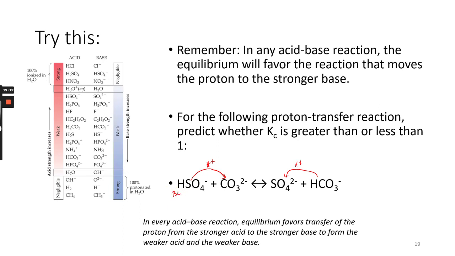This is my Bronsted-Lowry acid, and this is my Bronsted-Lowry base. And this is the acid, and this is the base. So let's compare our bases. Here we have CO3 2 minus and HCO3 minus. CO3 2 minus is stronger than HCO3 minus because it is lower here. So if I'm comparing these two, this one is the stronger base.